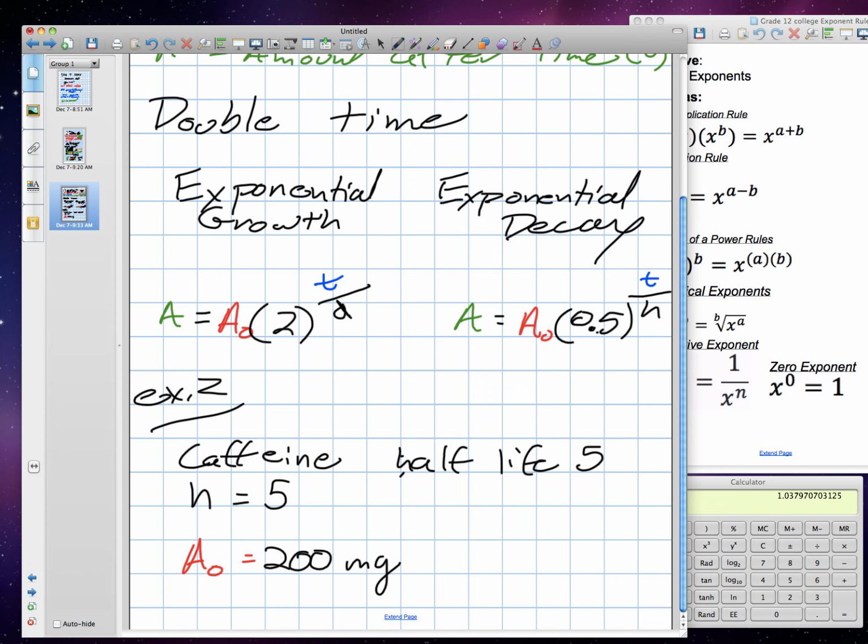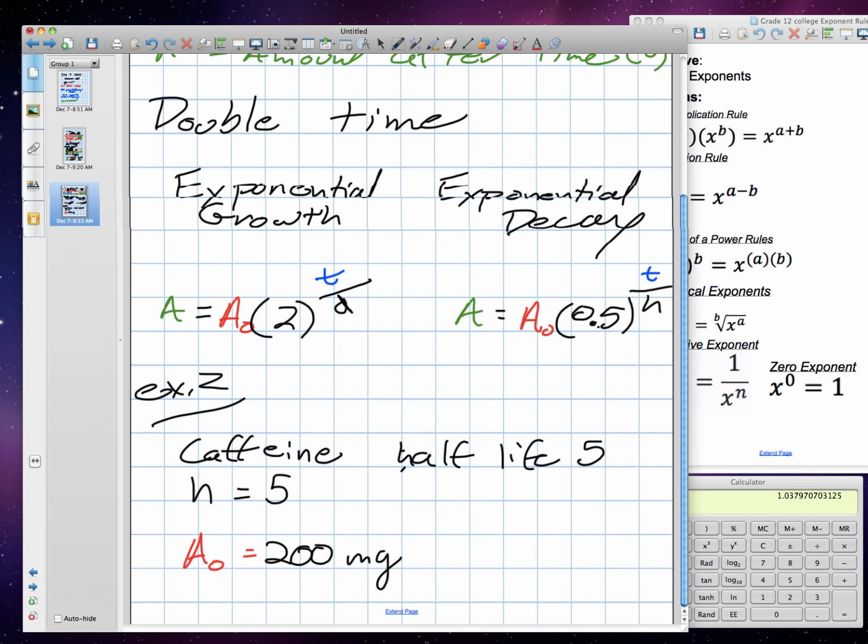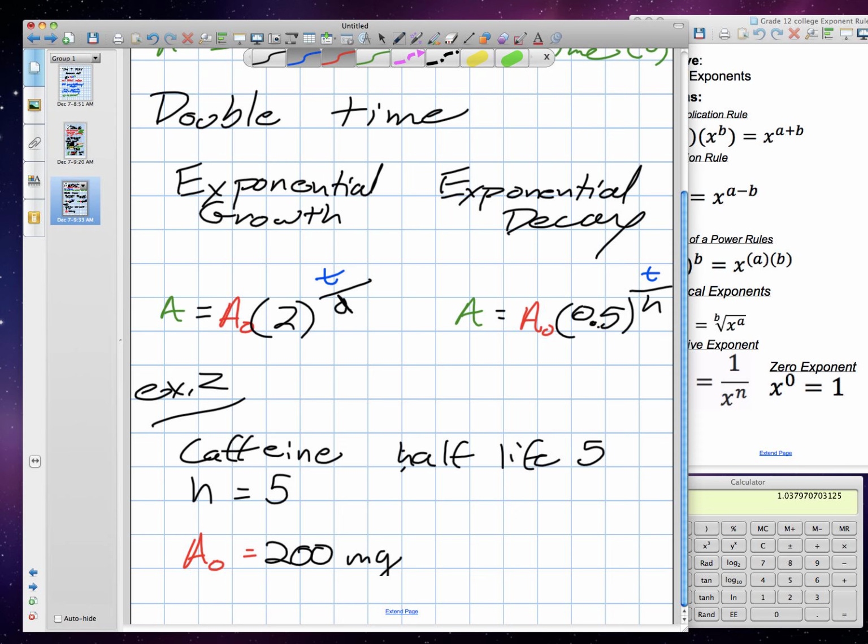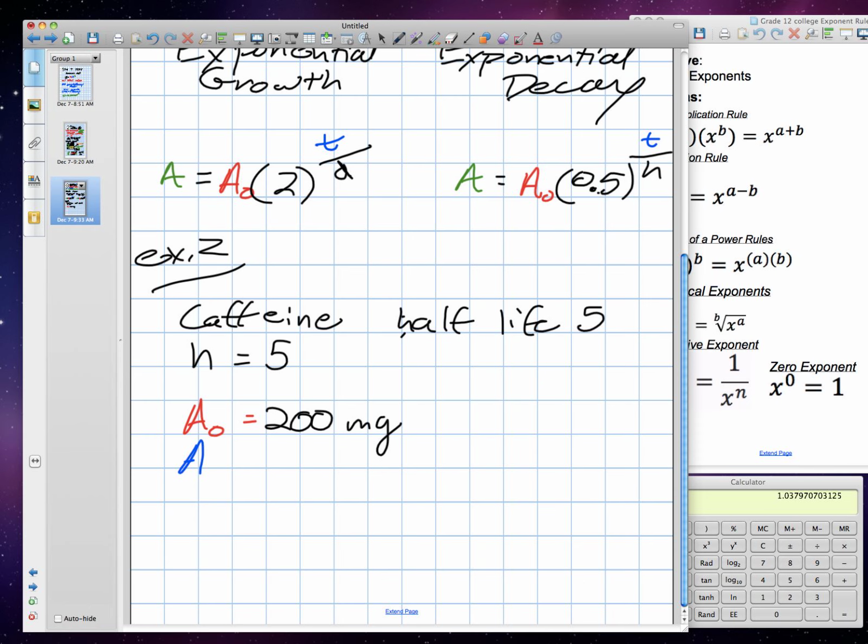How long will it take until there is less than 10 milligrams of caffeine left in your bloodstream? So they're talking for the amount after a time. That is our A value. They said they want to know when the A value, how much time will it take for the A value to decrease to 10 milligrams.